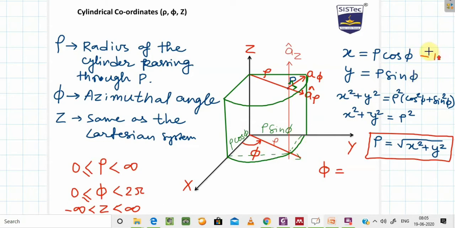Let's say this one is the first equation and this is the second equation, okay. So by dividing the second with the first, what do we get here?